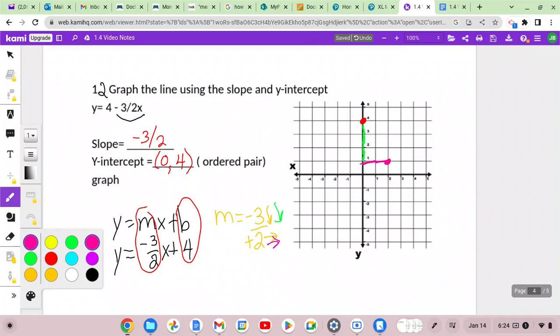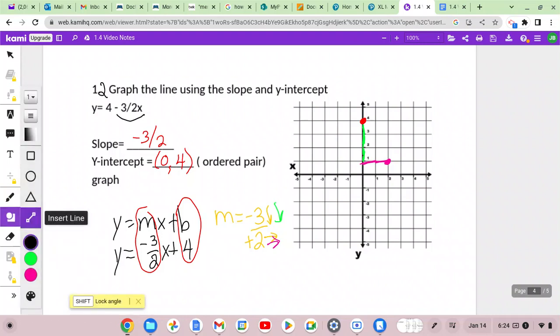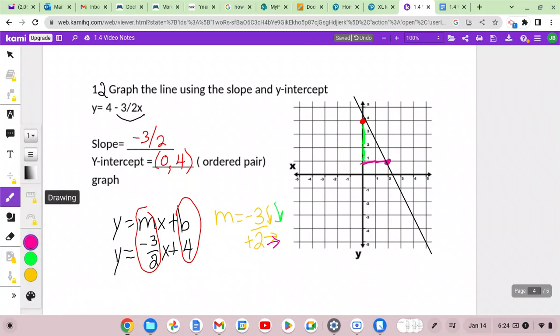Use the slope using rise over run to find the second point. And then you're going to do your best to connect this, making a straight line. And then we're going to put arrows on the end of that to show it goes on forever in both directions.